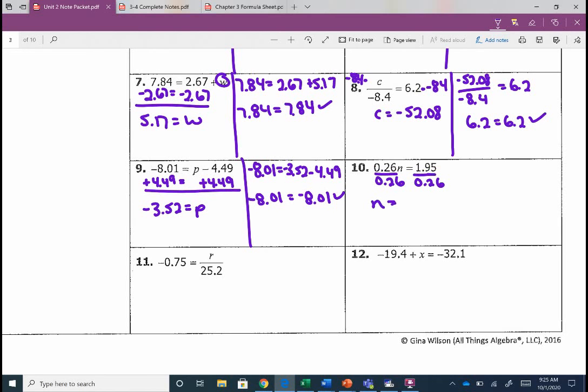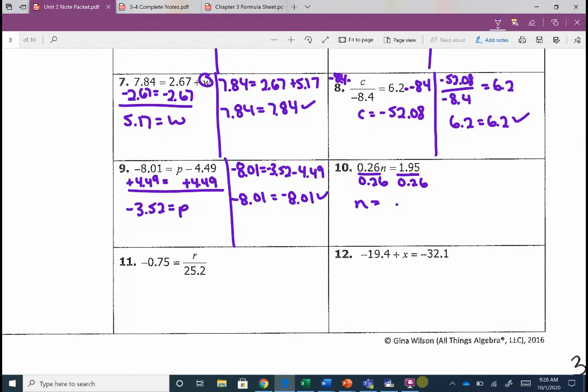We can put that in and check. 7.5 goes in for m. Notice I've used parentheses there. We do a little multiplying and we see that the left side equals the right side.